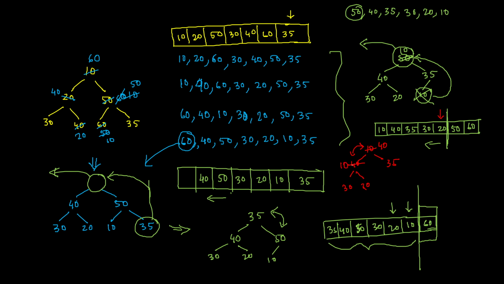As soon as 10 comes on this side, and 10 is not a leaf node, 10 should be checked with its corresponding children, and we will check with the child with the maximum value, which is 30, and again we will have a swap between 30 and 10. So this swapping, I hope you can easily realize what I am doing. So basically instead of 10, we will have 30 here and 10 will come here, right?